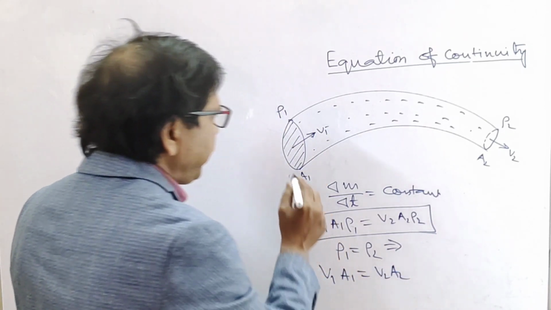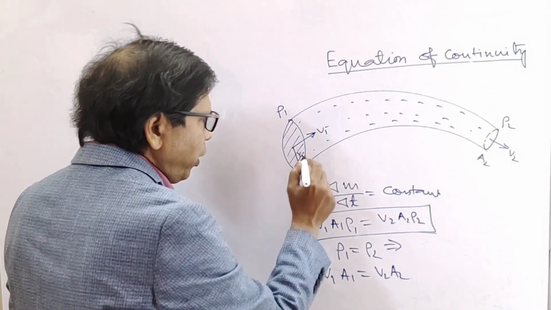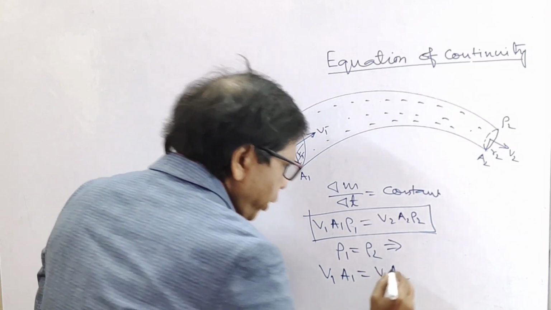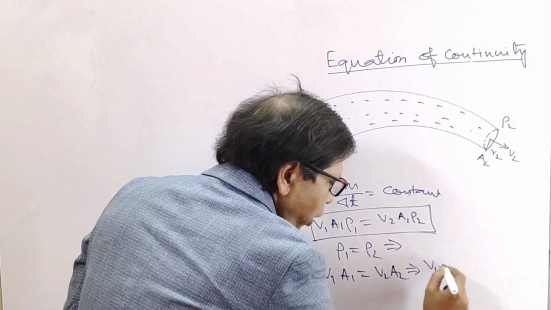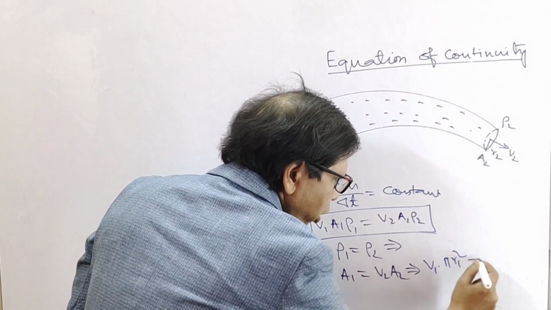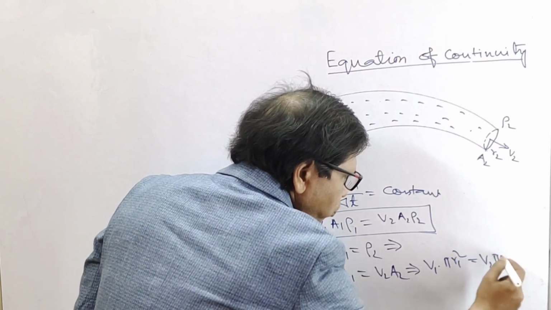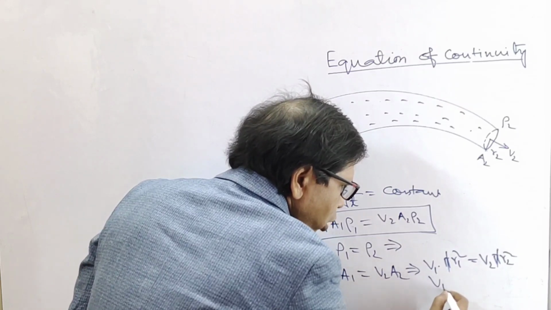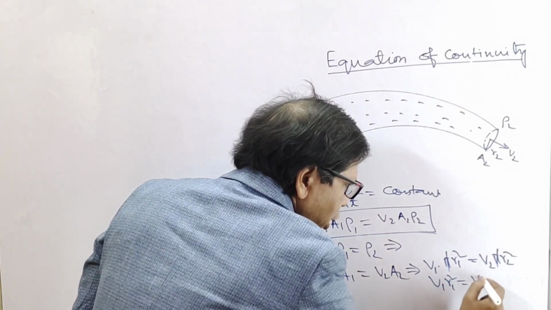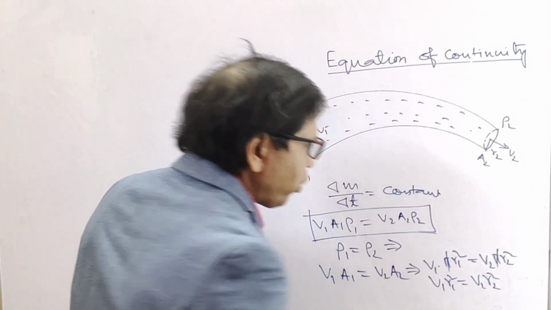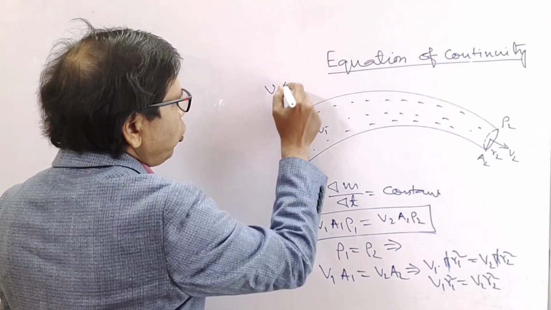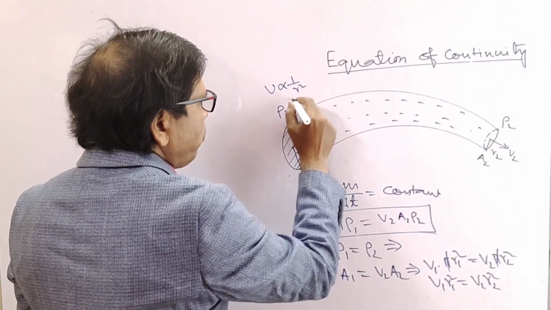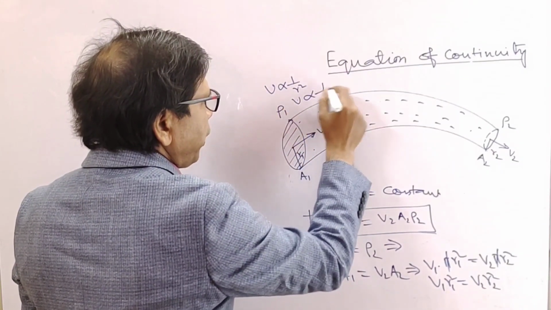If the radius of cross section here is r1 and here is r2, then v1 into pi r1 square equals v2 into pi r2 square. Now pi and pi cancel out, so v1 r1 square equals v2 r2 square. Here the velocity of flow v is proportional to 1 by r square, or v is proportional to 1 by A.